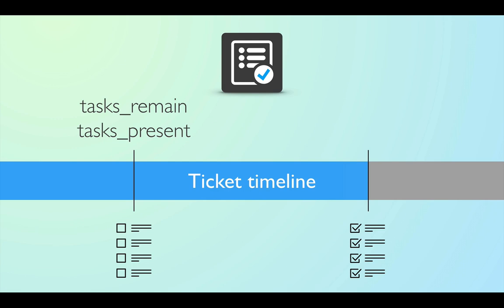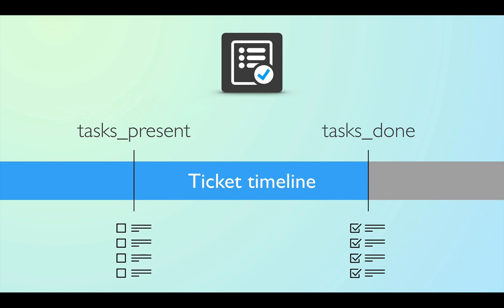Once they're all marked off, the tasks remain tag will automatically be removed and the tasks done tag will automatically be added to the ticket. If you were to add more tasks after that, then the tasks done tag would be removed and the tasks remain tag would be put back on, all automatically.